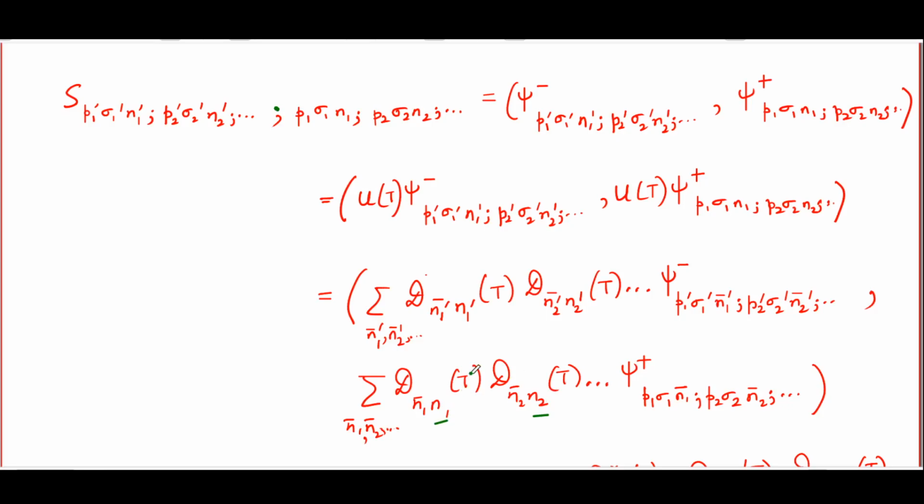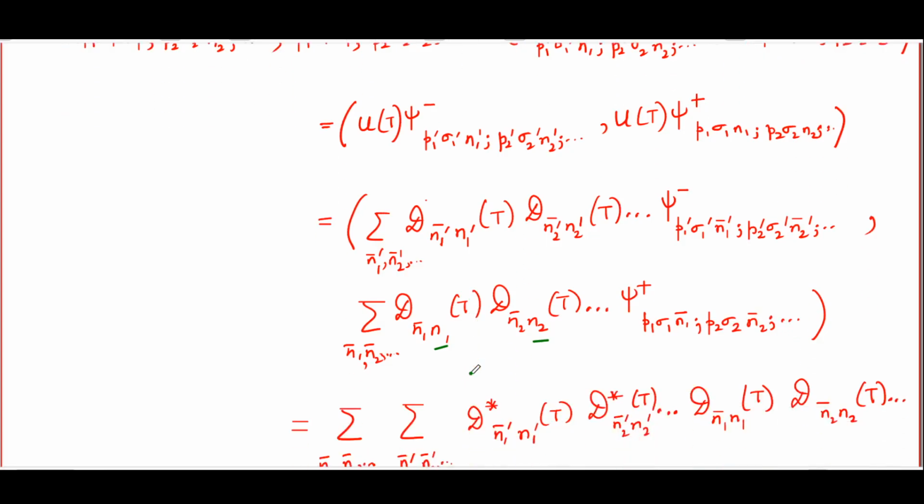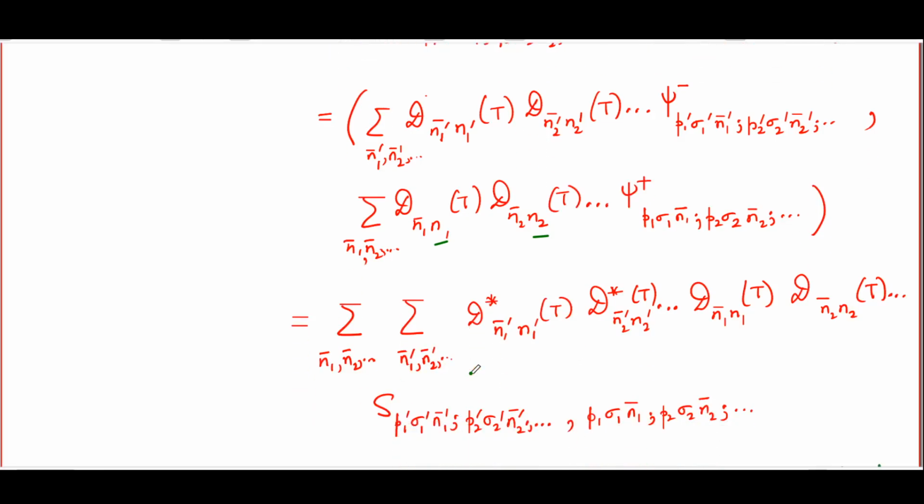Now, using the fact once again that an inner product is antilinear in the first factor and linear in the second, we can simply take out all these matrix elements, and we will end up with a sum over conjugates of the products of these things and a sum over N1 bar, N2 bar of these elements directly times the inner product of this with this, which is of course the S matrix element with these as our particle labels.